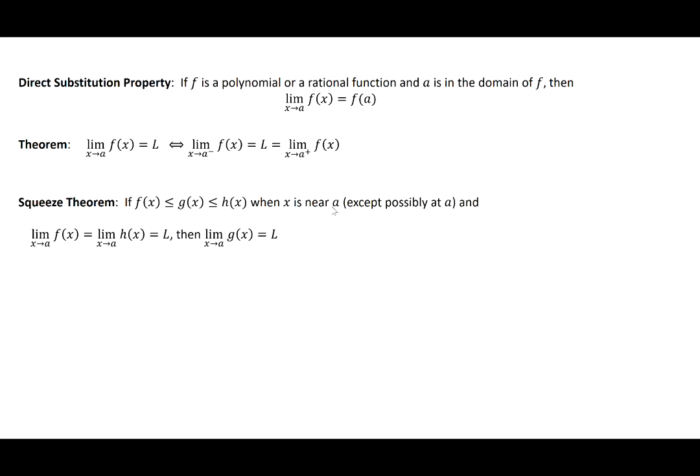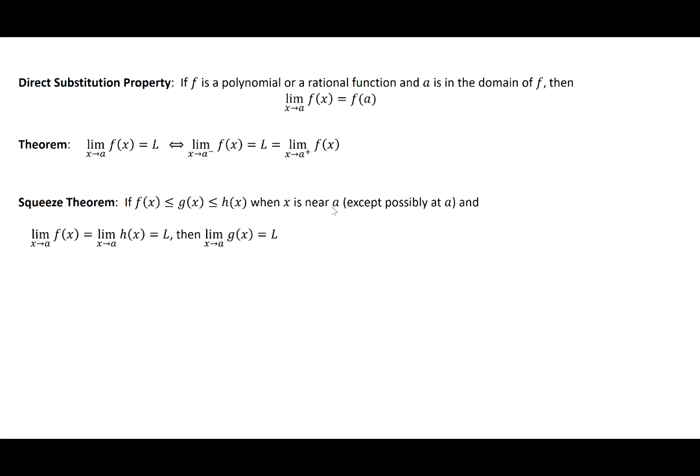You go to a, go to the right a little bit, go to the left a little bit, right? You can see an interval that encompasses this a. In that small interval, if this is true, then we can apply the squeeze theorem.